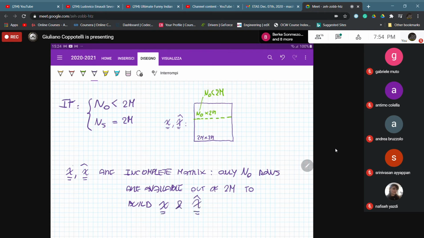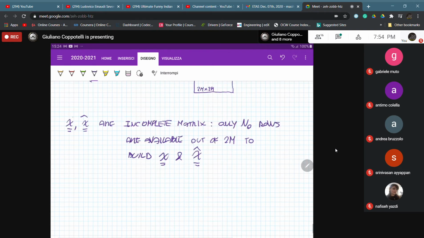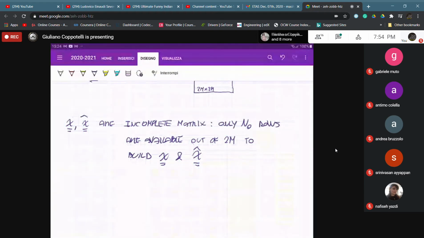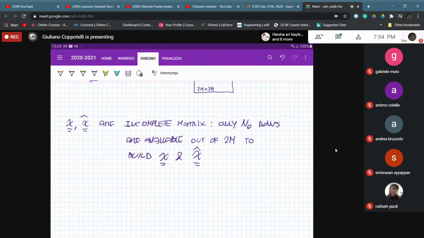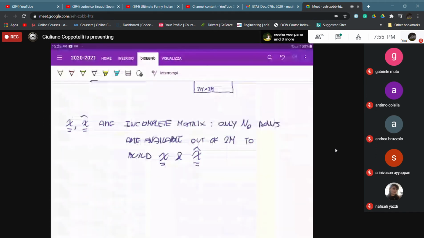Okay, so how can we do that? Now let's recall that the modal parameters are of course independent from the initial condition. So we can use additional time shifts, with respect to the one used to evaluate the free responses, to fill in all the missing rows in order to build your chi matrices.